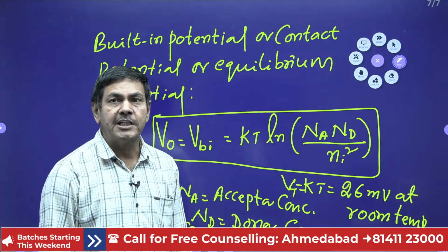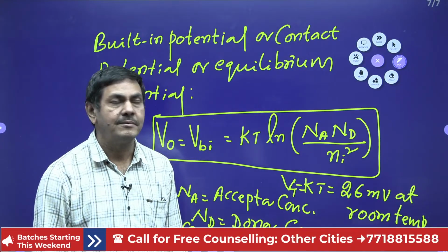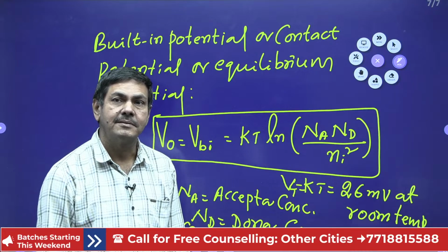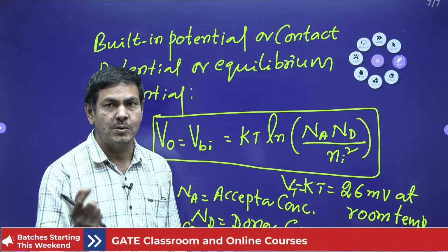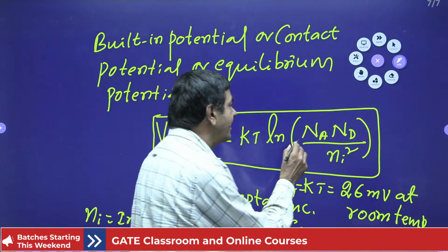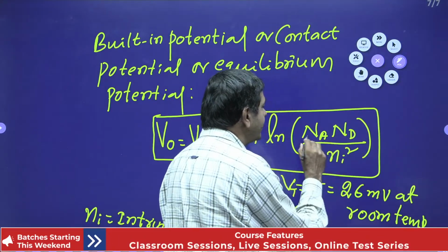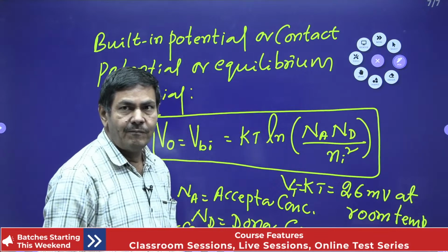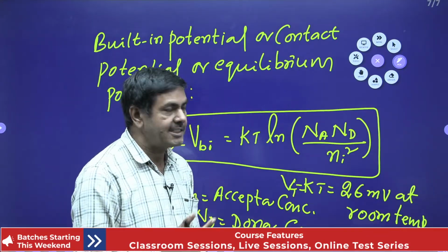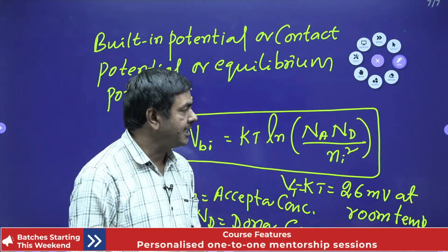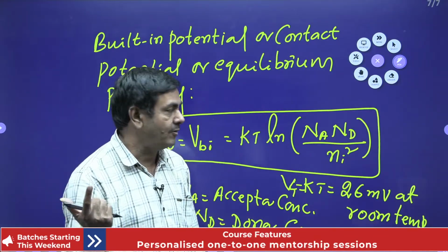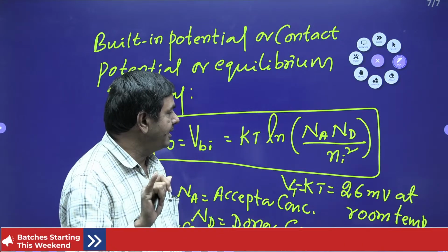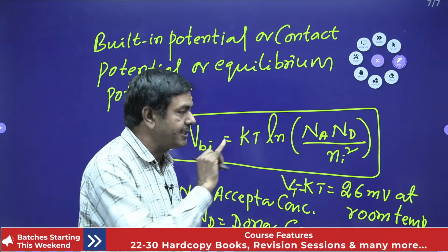From this formula, one point you have to know very well: what factors does the built-in potential depend on? First, the concentrations of electrons and holes, NA and ND. These are the doping concentrations, and without doping we can't get them. So V0 depends on the concentration.